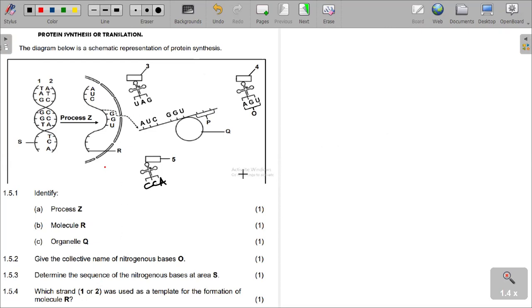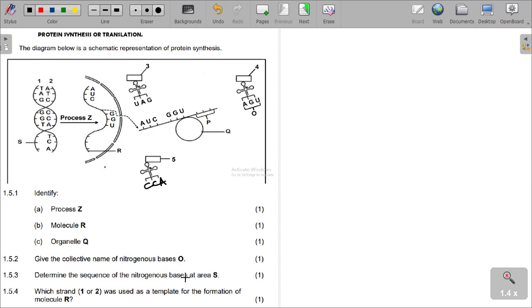Without wasting any time, we are going to look at these questions. This is a question paper of November and June 2023. I'm going to show you and explain how this process takes place, so let's quickly answer the questions.